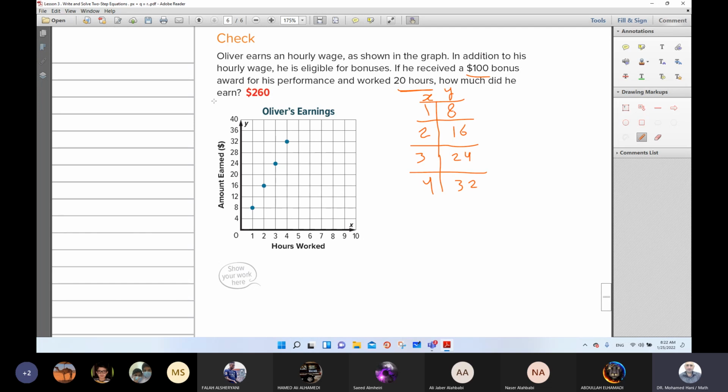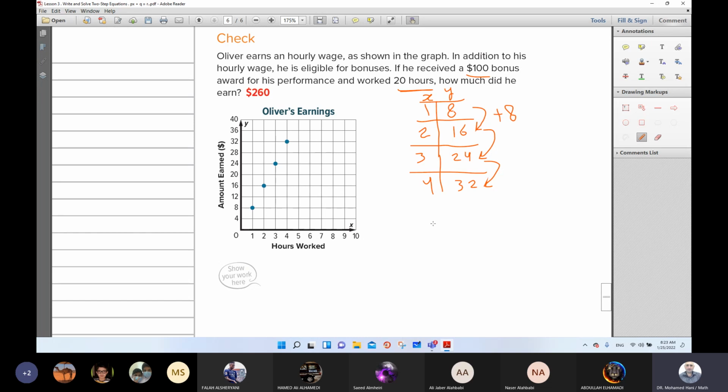How much did he earn? We have the number of hours will be 20 here, 20 hours. From the table, as you see here, 8, then we have 16, then 24, then 32. So plus 8. 8 plus 8 will be 16. 16 plus 8 will be 24. 24 plus 8 will be 32.